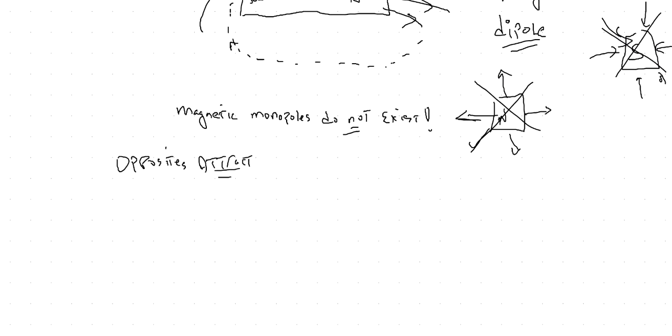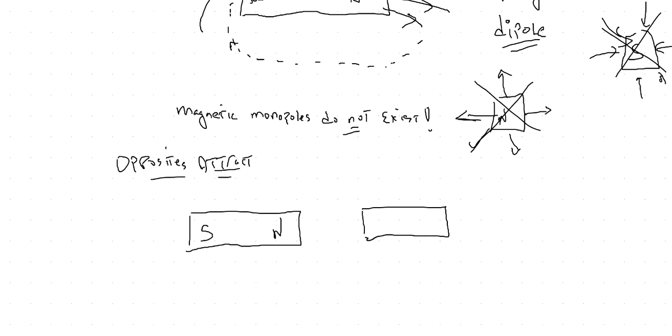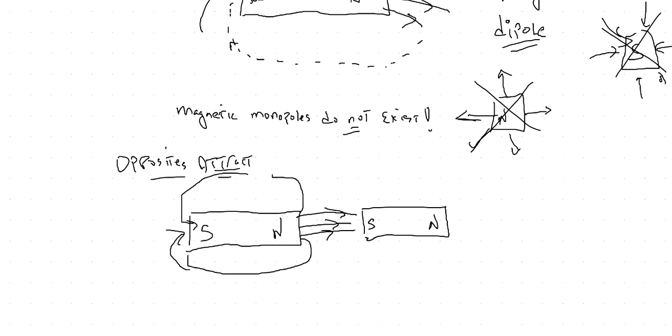So if I asked on a test to show the attraction of a north and a south pole, here's a south pole, here's a north pole, and then I put another magnet here. If this was a south and this was a north, these lines come out of the north and into the south. You see, that's the attraction. Of course, some of these lines do circle around and come back.